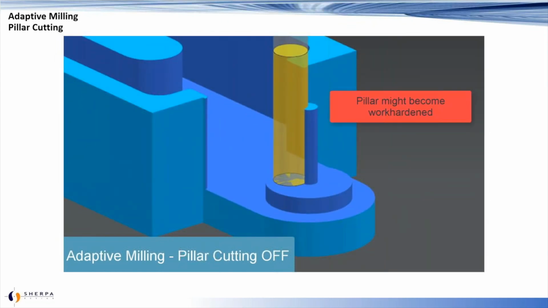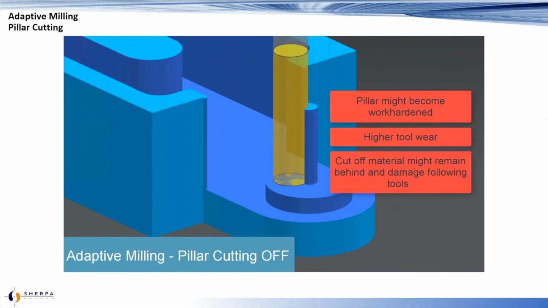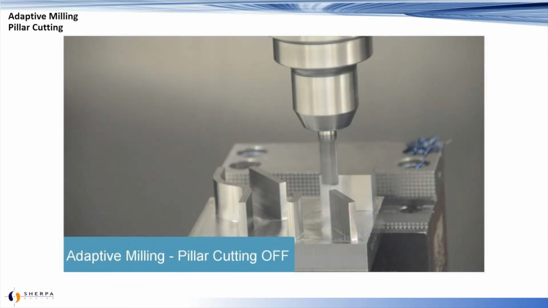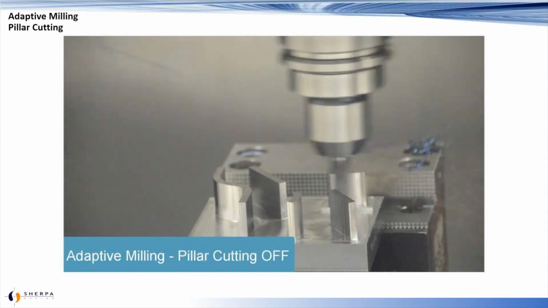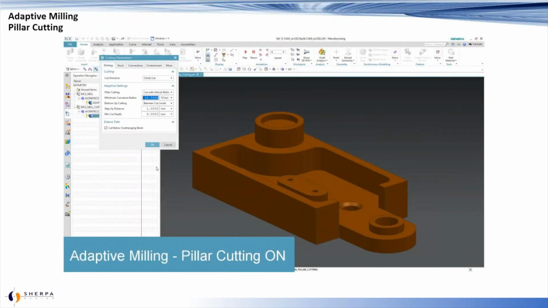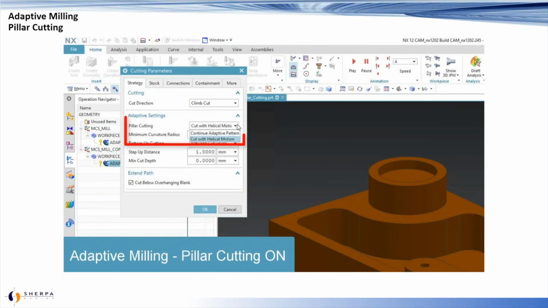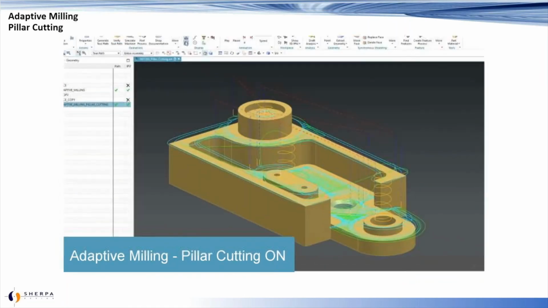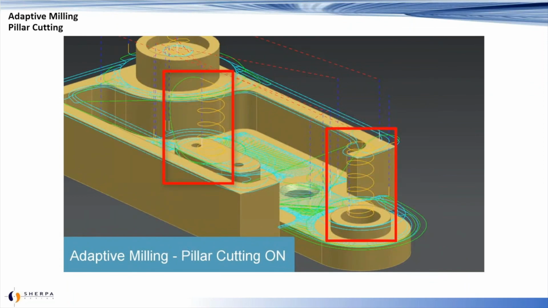So right there, so also, if it's not completely circular, you get the same issue. See, it automatically identifies pillars and accounts for them.